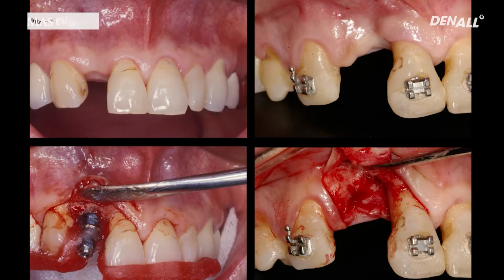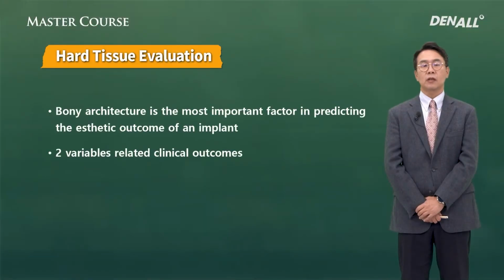If you think you can recover the interdental papilla and make the tooth look very natural and tell that to the patient, the outcome may not be as you expected because there are things that we cannot do.